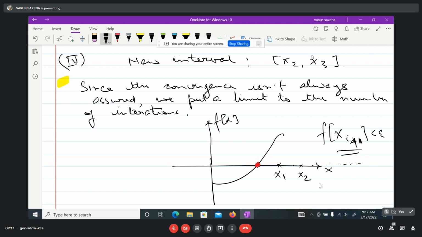Because they'll choose some initial interval. Whether one root will lie in that interval or not is completely dependent on what you choose, and you may just reach different solutions, because we're assuming that the equation will have three real roots or maybe two roots or whatever. Okay.